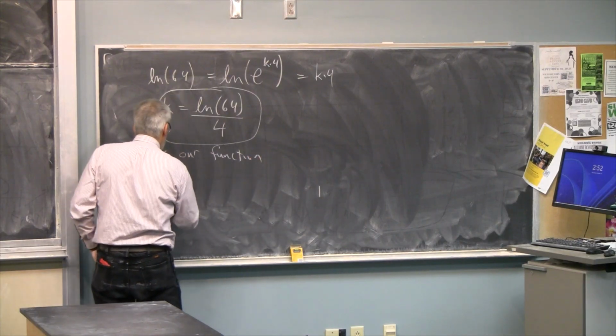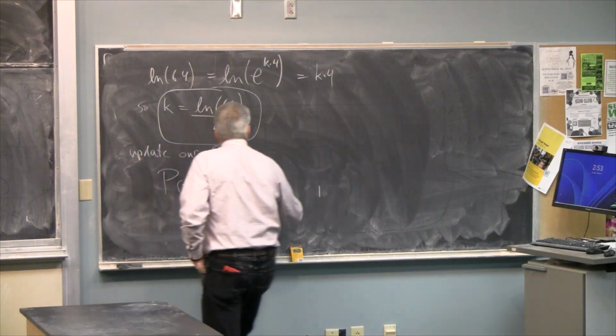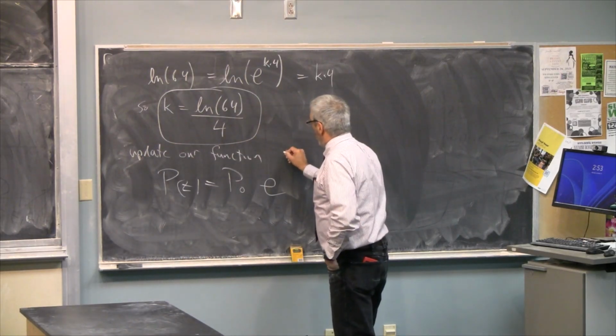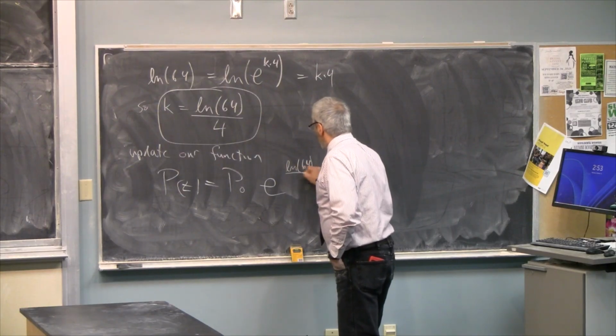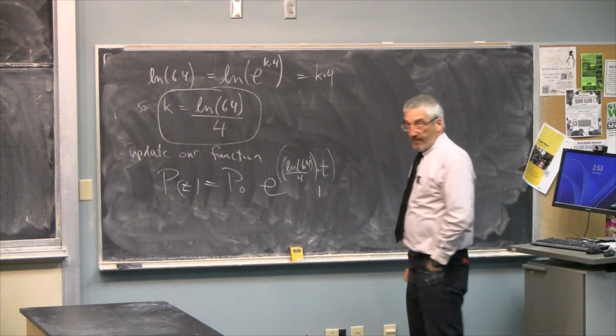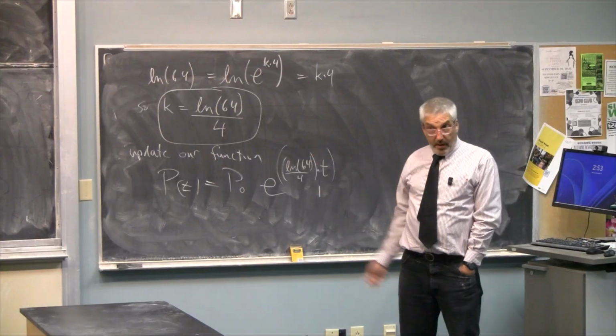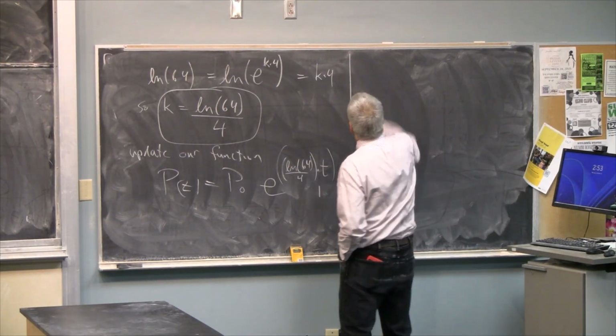So we know that p of t equals p0 times e to all that junk, ln of 64 over 4 times t. There's my e to the kt. So that's now what we know about our function. So question B is find the initial population.